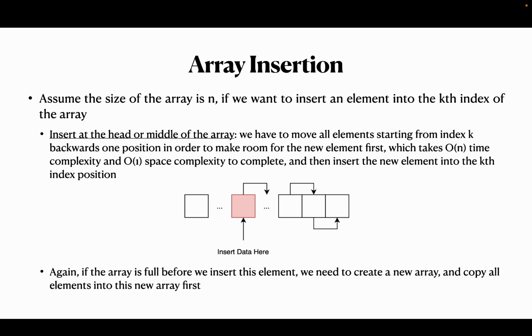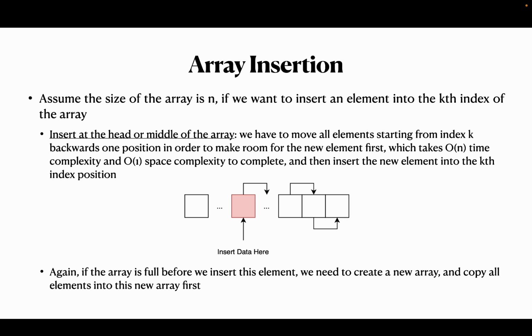Now, what if we insert an element at the head or middle of this array? We have to make room for the new element. In order to do so, we have to move all the elements starting from index k backwards one step. And this step takes O(n) time complexity and O(1) space complexity.